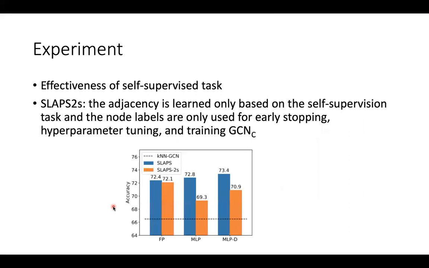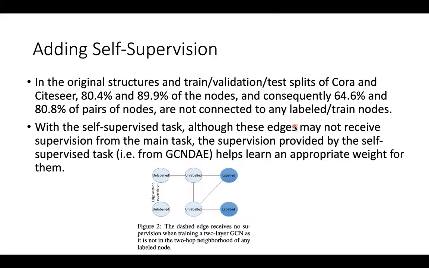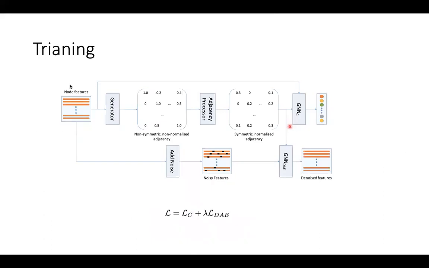And also they verified the effectiveness of the self-supervised task. So they constructed a variant of their model where the adjacency matrix is based only on their self-supervision task, and the node labels are only used for a warm start. Meaning that they first only utilized this branch without these latter two, because here essentially is the node classification task.